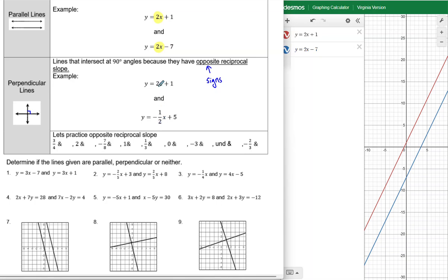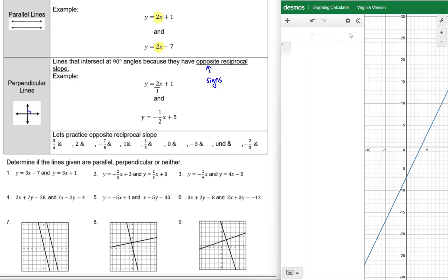Okay, they have opposite signs and the slope will be reciprocal, meaning if this is 2, or we can also think of it as 2 over 1, right? It's the same thing. And then this will be 1 over 2. So they will have opposite signs and it will be reciprocal. 2 over 1 will be 1 over 2. In other words, you can think of it as the rise becomes the run and then the run becomes the rise, so that everything is flipped.